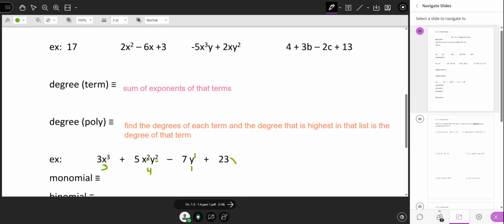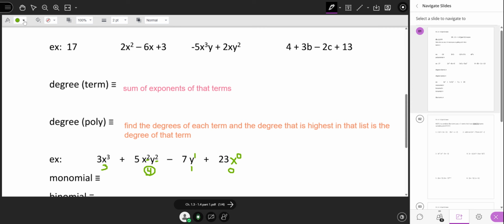And a whole number can be written as 23x to the 0. So that degree is 0. So I have found the degree of each term. So now the degree of this polynomial is 4, because 4 is the biggest degree in this list.